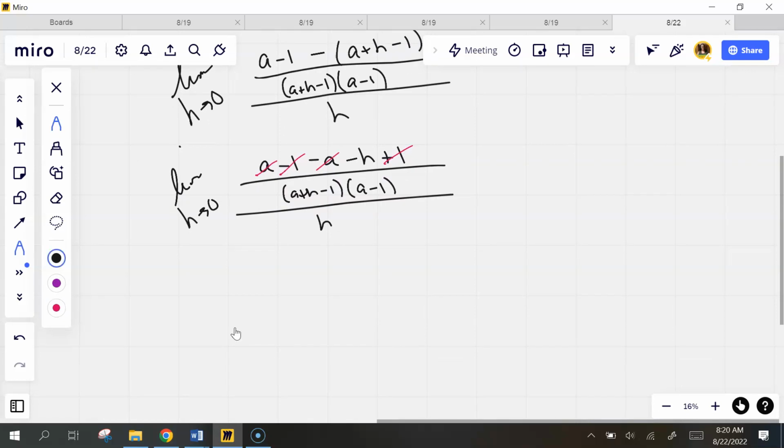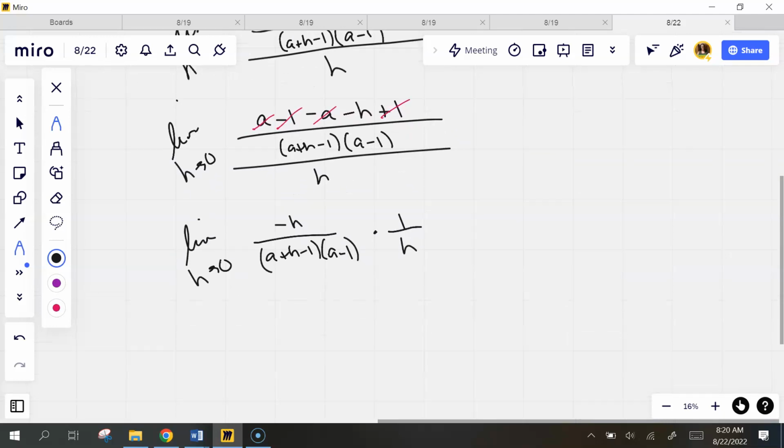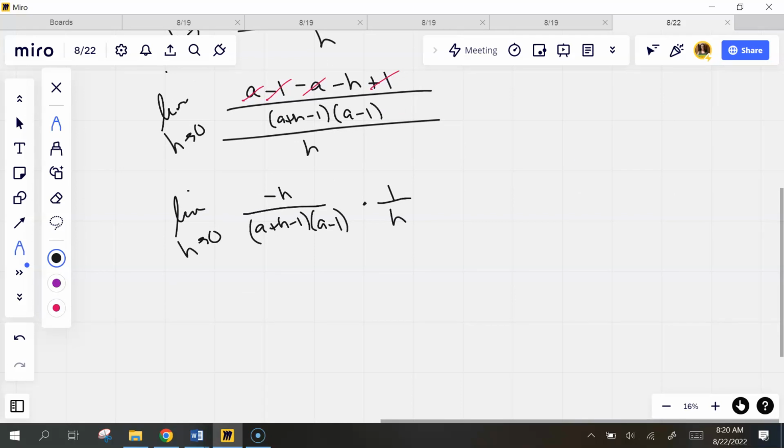Do you need me to wait a second? Y'all good? So now the limit as h goes to 0. I have negative h over a plus h minus 1 times a minus 1, and I'm going to go ahead and multiply by this 1 over h here. Save myself a step. Which, of course, cancels.